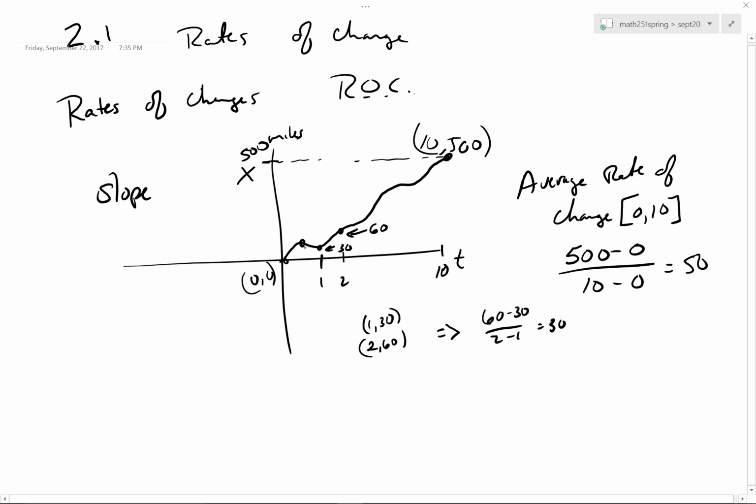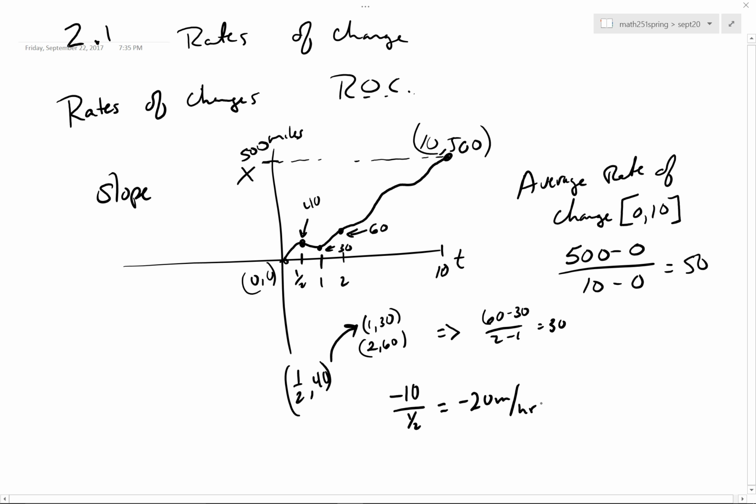From here at a half, which is obviously 40, down to 1, that would be the point (1/2, 40). So from there to there, you came back 10 miles in a half an hour.